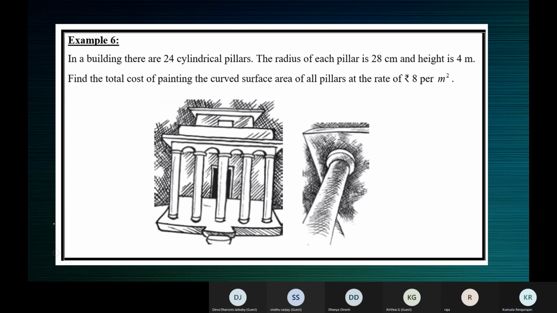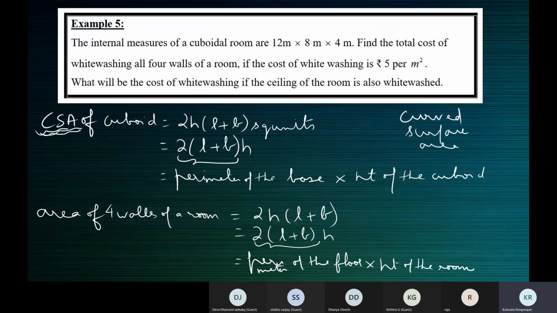Like how? The curved surface area of a cylinder is equal to perimeter of the base into height of the cylinder. Now go back to what we did. Perimeter of the floor into height is the curved surface area.